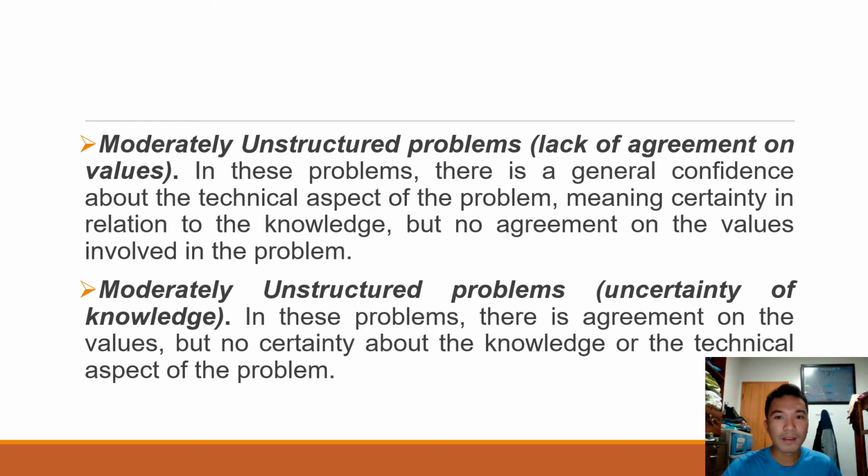Then the next type of problem is also called moderately unstructured problems, it focuses on the uncertainty of the knowledge. So in this problem, there is an agreement on the values.